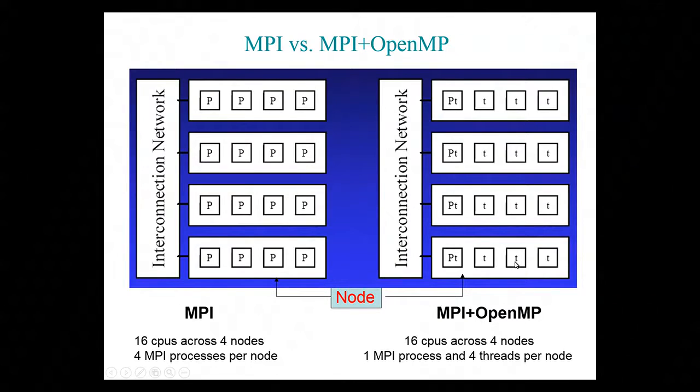So on one node there is one MPI process and 4 threads working for your code. Okay, so that's the basic concept we want to introduce to you. You understand MPI, you understand OpenMP, you know how the code runs on the systems, and this is the simple hybrid concept combining MPI and OpenMP.